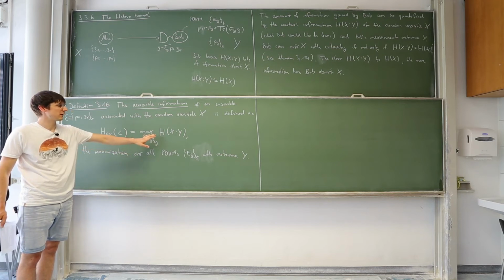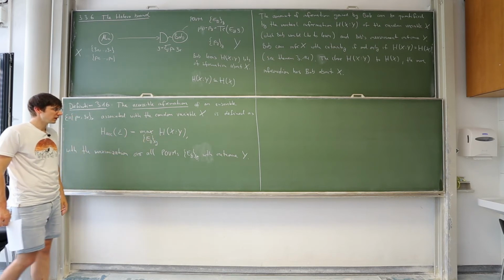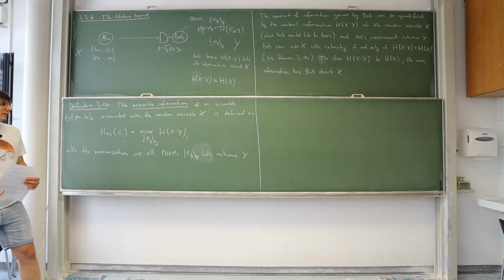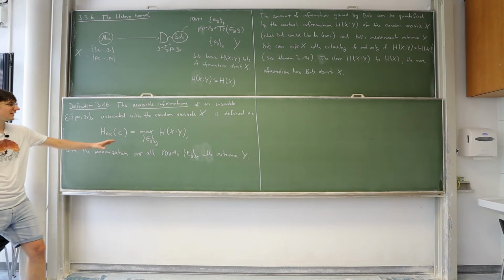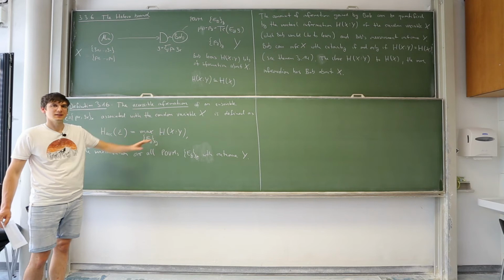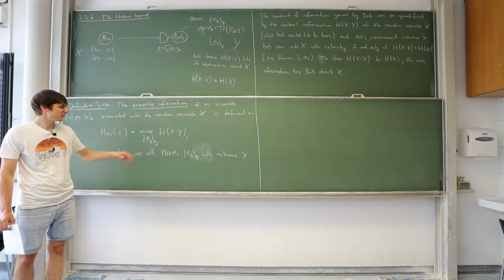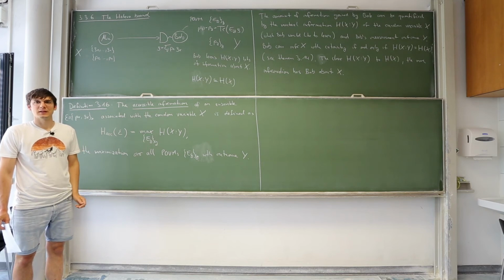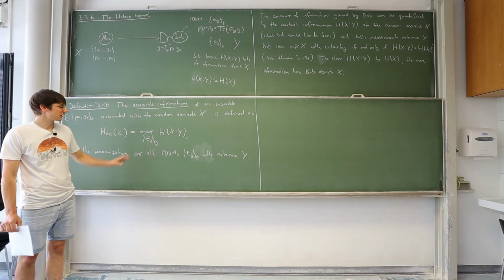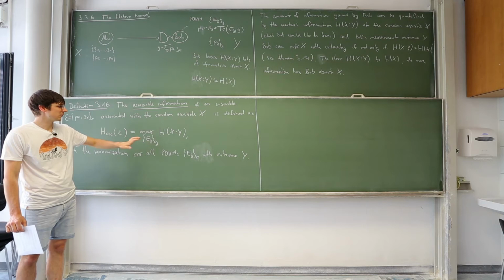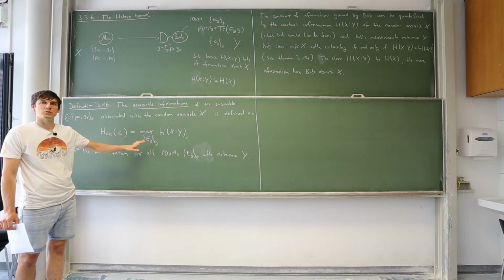So we maximize over any possible measurement. And from this, you directly see that calculating this right-hand side is in general not easy, right? Because you would have to take every possible measurement into account.